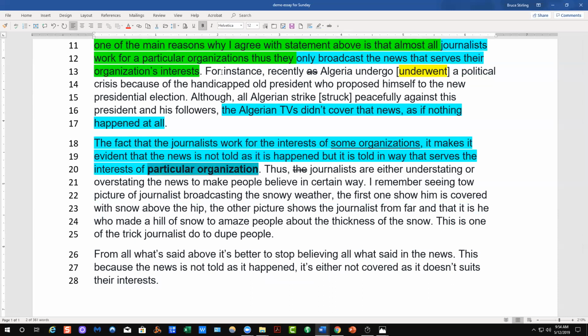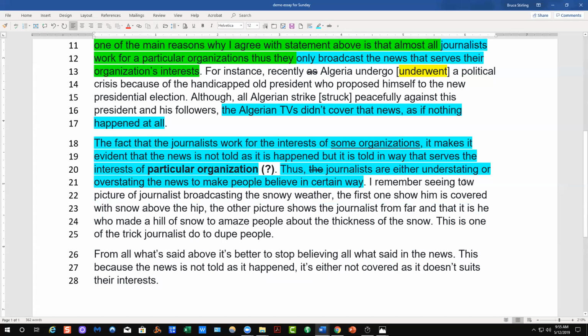I'm not exactly sure what organization this is. Is this a government organization? Thus, journalists are either understating or overstating the news. Well, what about taking a break from the news? I'm still looking for that idea of taking a break, or not taking a break.